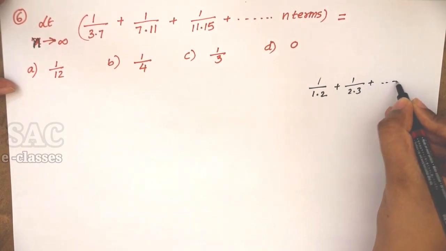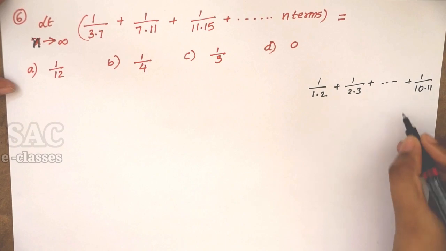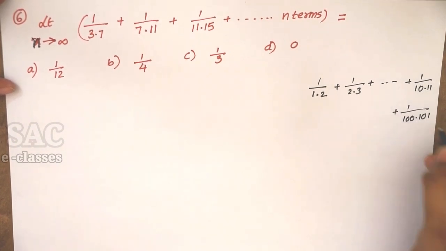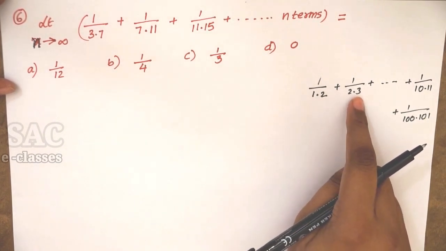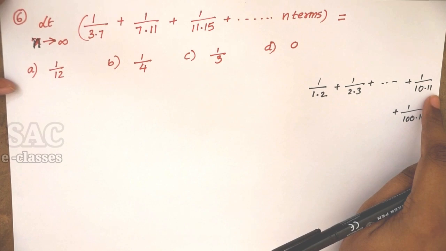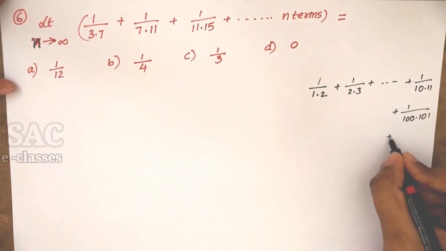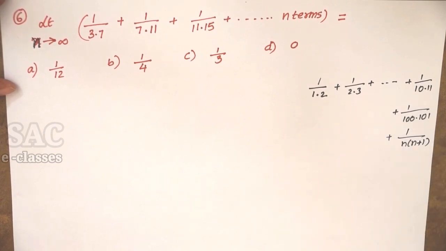In that way you can guess that the 10th term is 10 into 11, the 100th term is 100 into 101, because the first term has 1 and 2, the second term has 2 and 3, the 10th term has 10 and 11, and the 100th term has 100 and 101. The nth term is 1 by n into n plus 1. Like this we can guess it.